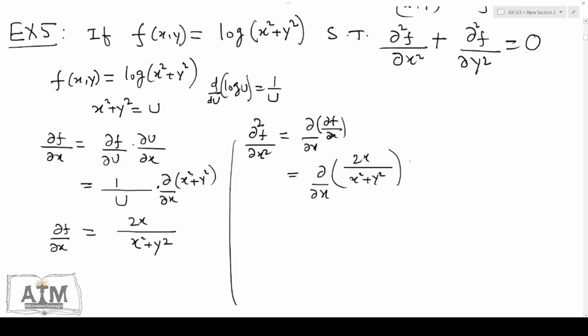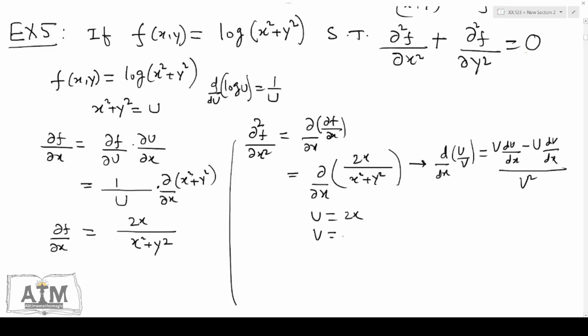Here we need to apply the quotient rule, that is the derivative of u upon v with respect to x equals v du by dx minus u dv by dx divided by v square. So here u equals 2x and v equals x square plus y square.